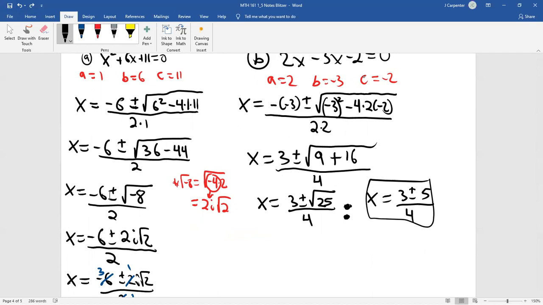You can do 3 plus 5. You can do 3 minus 5. So in this case, what you actually have to do is you must split this into the two cases.